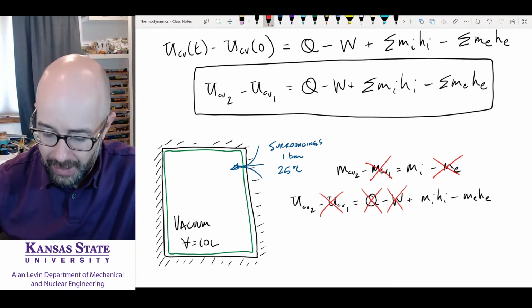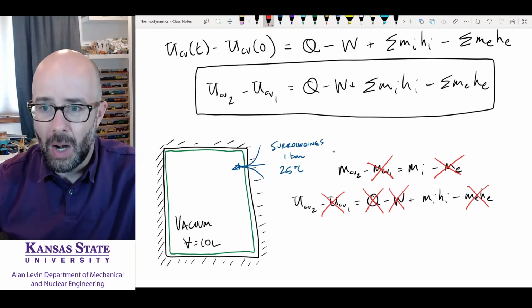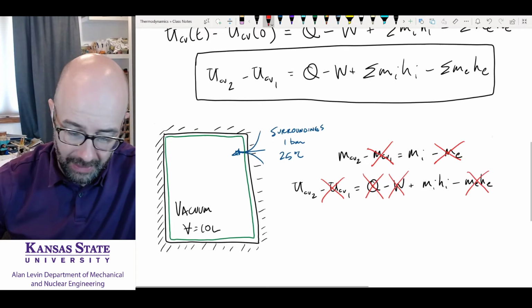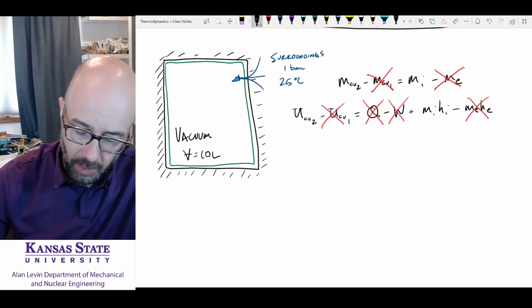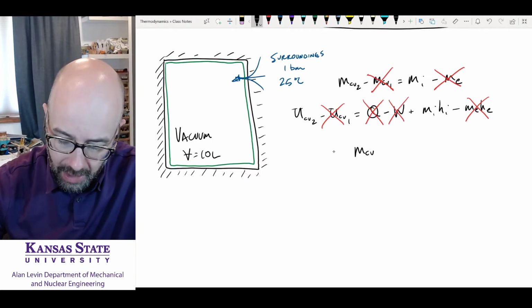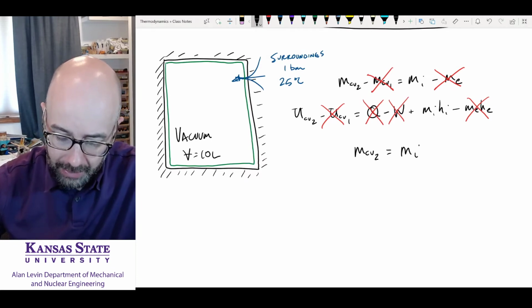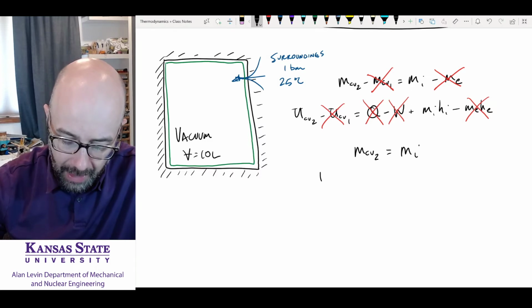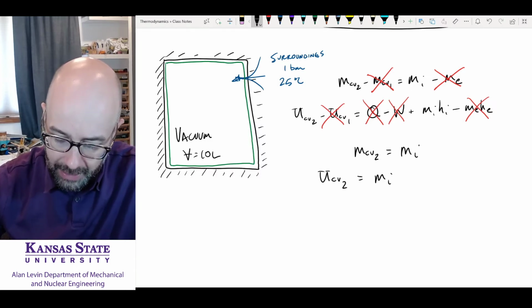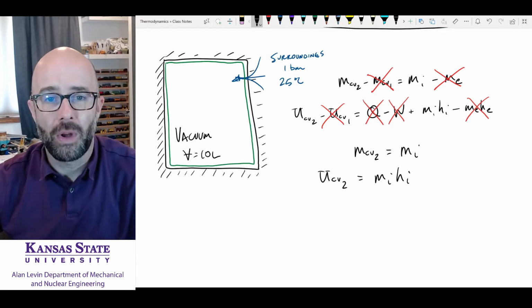And we have nothing exiting, so this goes away. All right, we have simplified these equations significantly because of how we're working through it. So we're going to have mass of the control volume at state 2 is equal to mass coming in. And then we're going to have internal energy of the control volume at state 2 is going to be equal to mass in, enthalpy in.